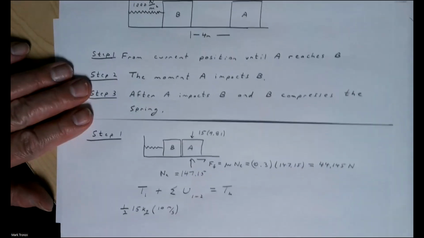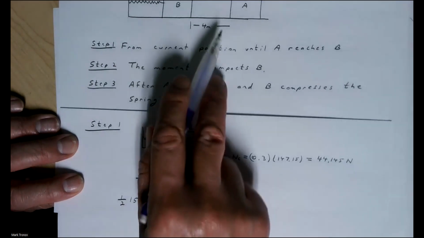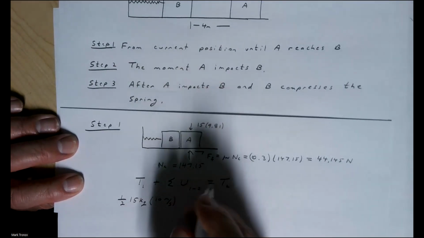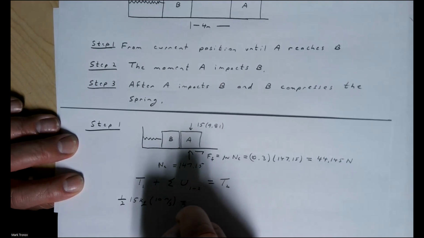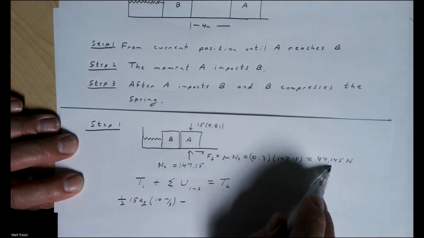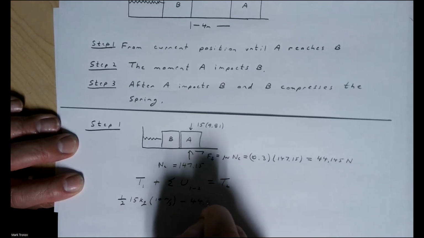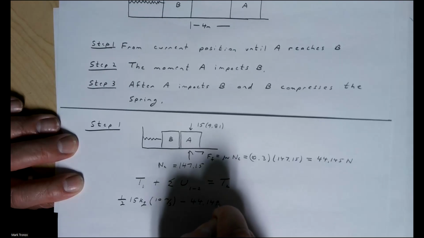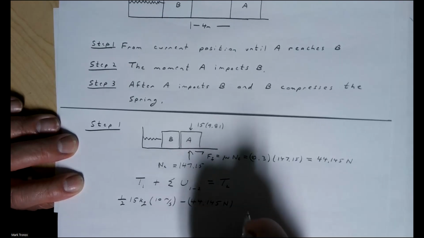And then the work done from going from the initial spot till it reaches B is, again, going to go against the motion. So that's going to be our friction times the 4 meters that it moved.